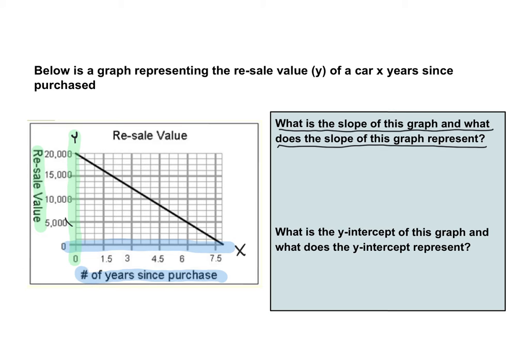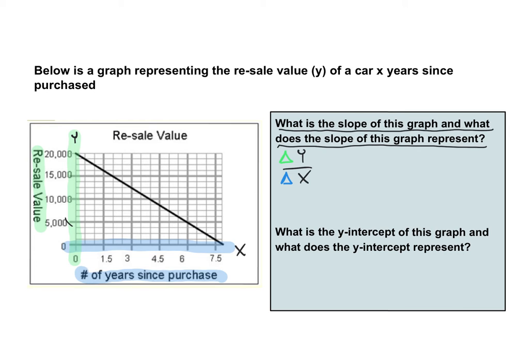Let's remember that we always calculate slope by looking at our change in y divided by our change in x. That is what those little triangles mean. That is the Greek delta, and it means change.